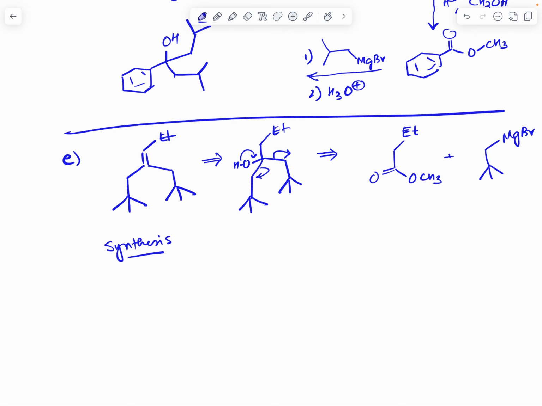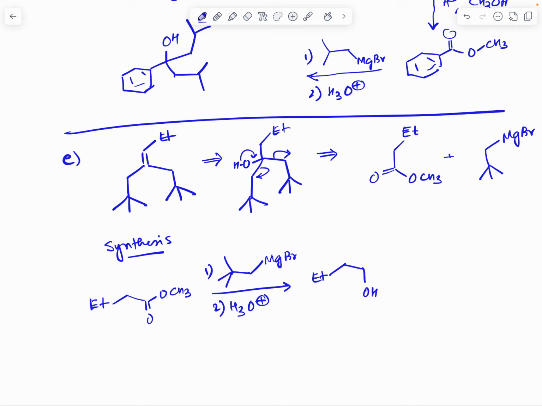Okay, so we'll just straight away start with the ester. And we take the Grignard. And in step 2, we do H3O plus. And that gives me the OH with the two chicken feet.